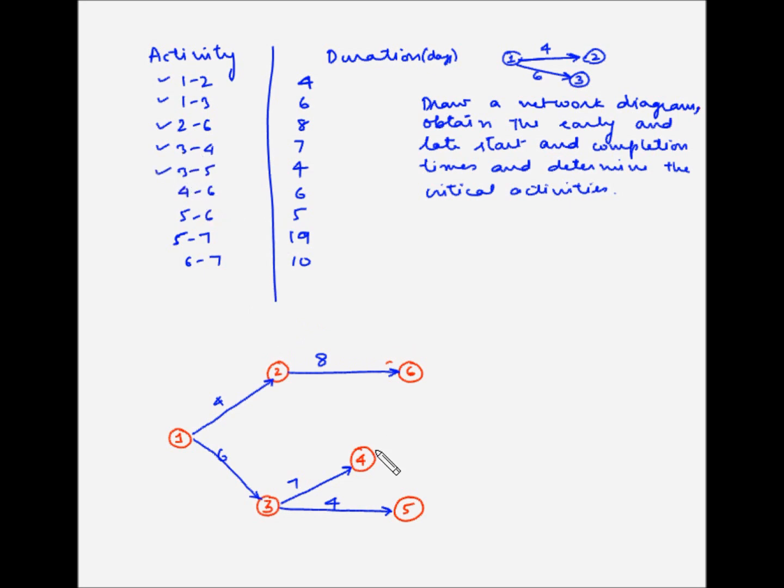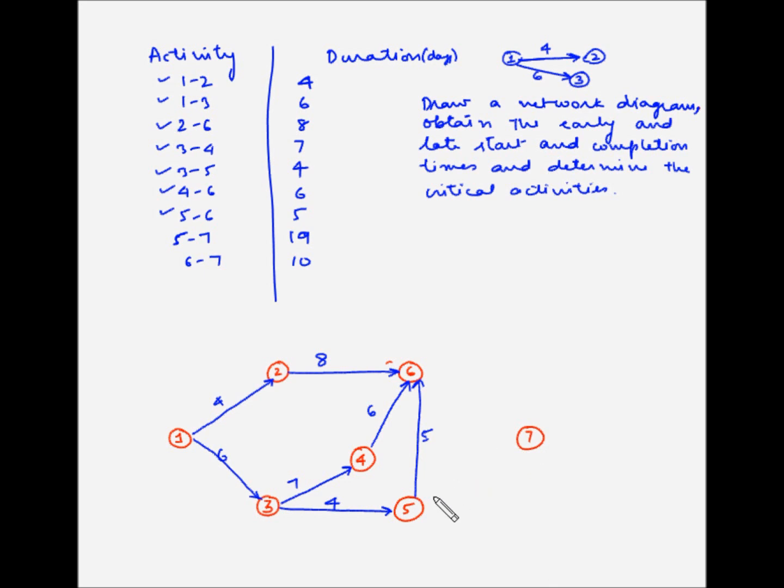Next is 4 to 6. So this is 4 to 6 which has a duration of 6 days. Next is 5 to 6. This has a duration of 5 days. Next is 5 to 7. So let's draw the node 7.